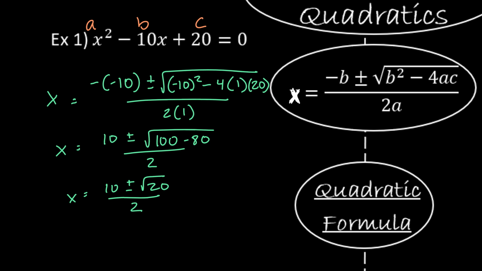Now, just quickly, let's go over this. This 20 is a positive number. So how many solutions are you going to end up with? 2. If this number inside the radical had been a 0, how many solutions would you end up with then? 1. If the number inside the radical had been negative, how many solutions would you end up with then?